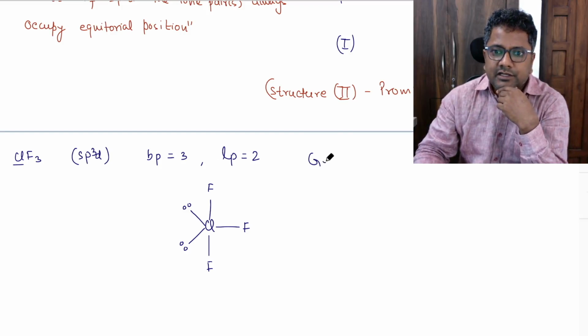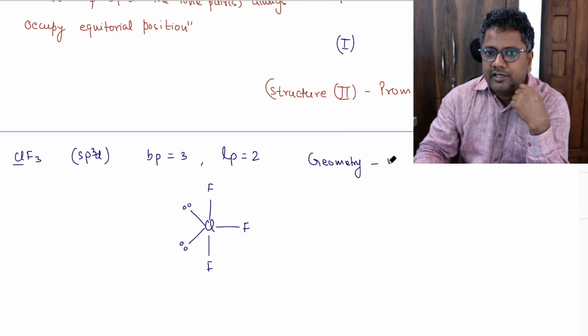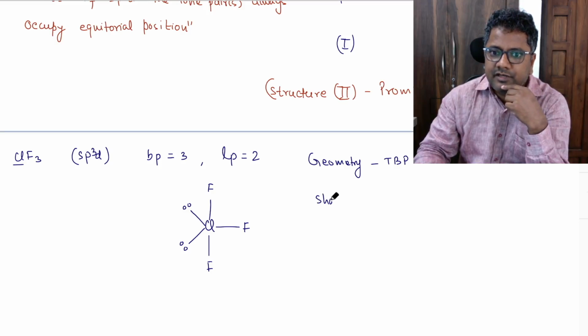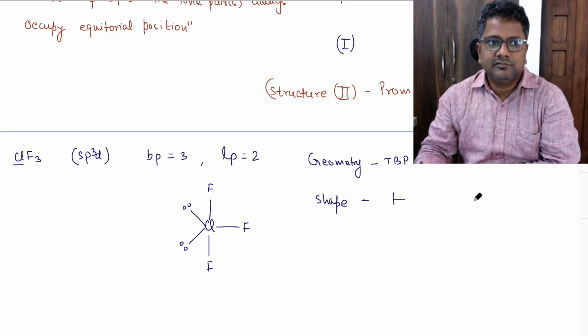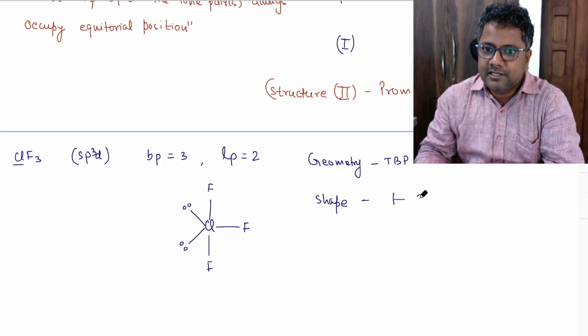The geometry is TBP, trigonal bipyramidal, and what is the shape here? The shape is T shape, horizontal T shape, right?